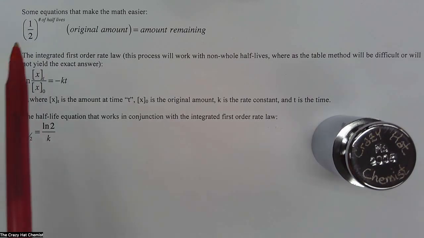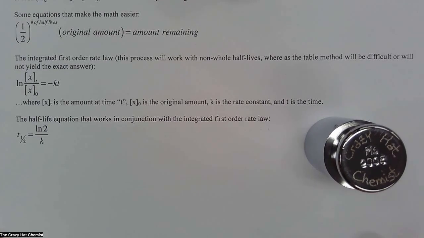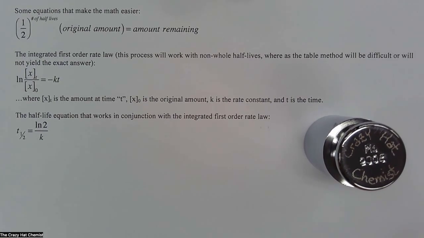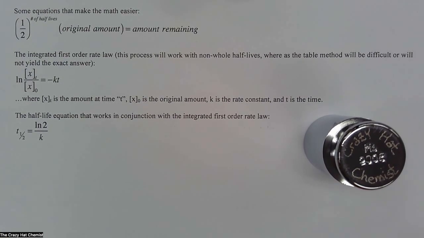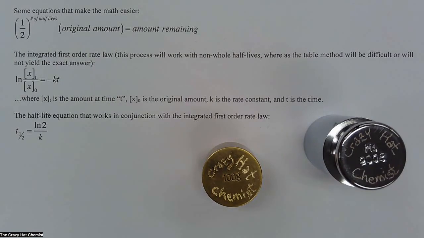This is some very important mathematical manipulations that you're going to need here today. All right, so we have 3 different methods of determining the half-life. And I will show you all 3 within this video, so you should feel comfortable with all 3 eventually. One of them is the most frequently used one. All right, so here we go.